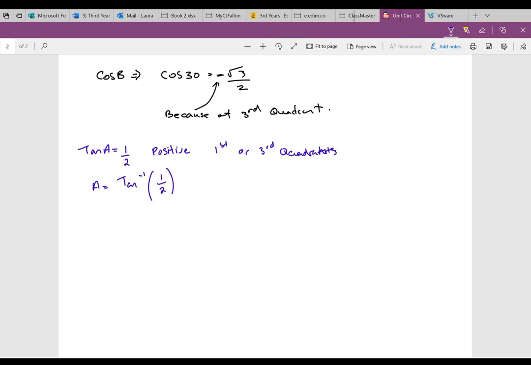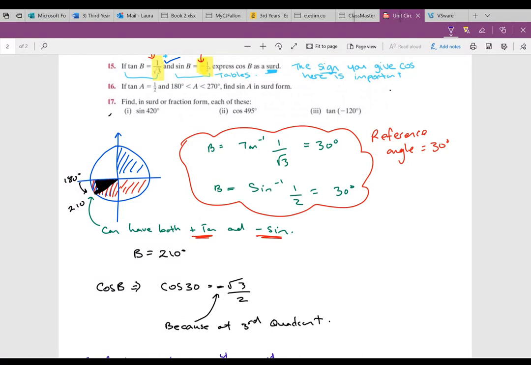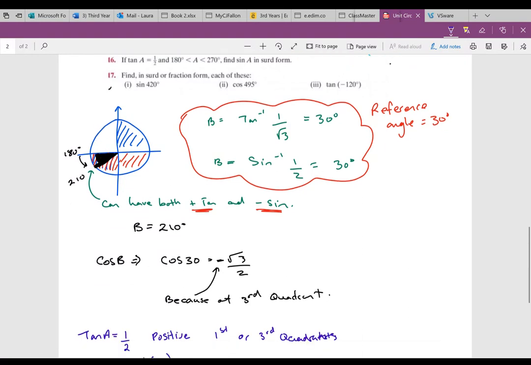And you get a decimal answer for this. So it's 26.565 and so on. Now that's in the first quadrant, so that is correct. I'm then looking for sine of A, and it has to be between 180 and 270.